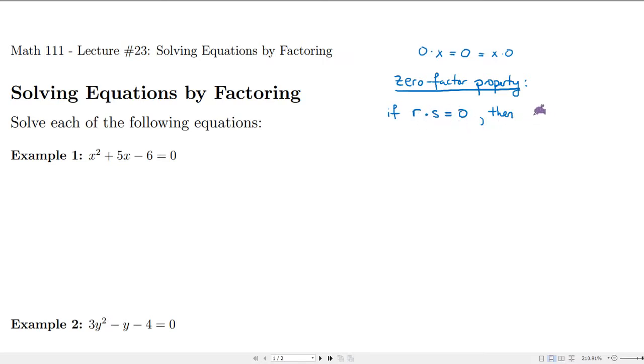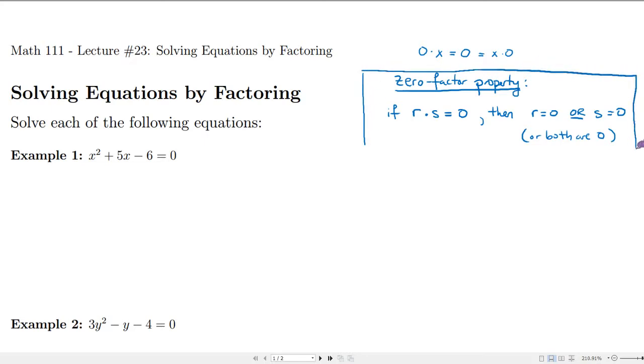So then r is equal to 0, or s is equal to 0, which also includes or both are 0.